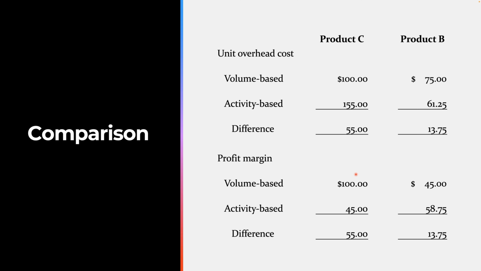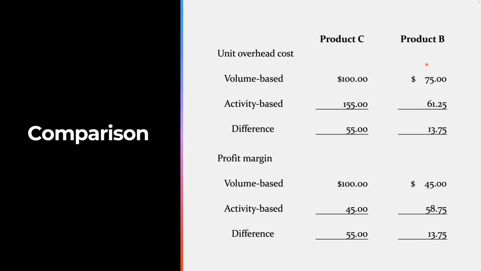So if we take a look at the difference in margins, the margin of product C has gone down by $55, and the margin for product B has actually increased by $13.75.